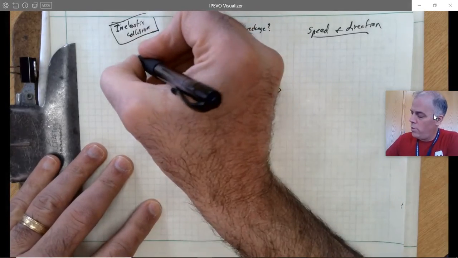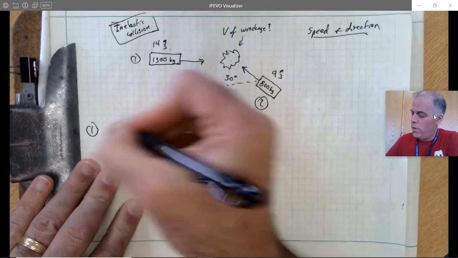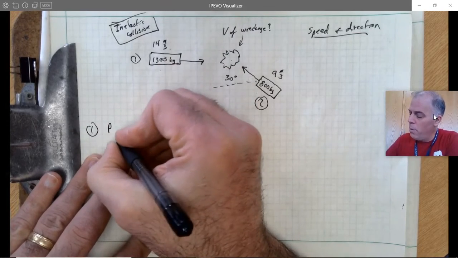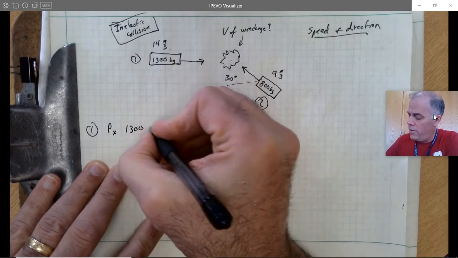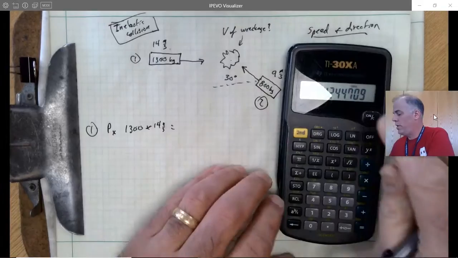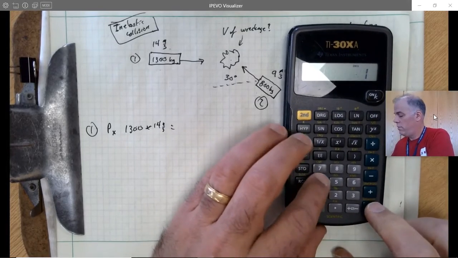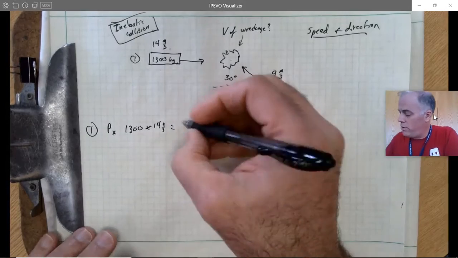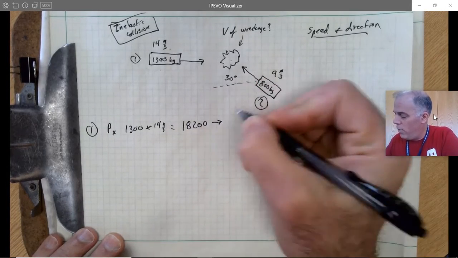Okay, so we're going to call this one car 1, and we're going to call this one car 2. So car 1, momentum in the x-axis is 1,300 times 14 meters per second, which equals 18,200 units that way.